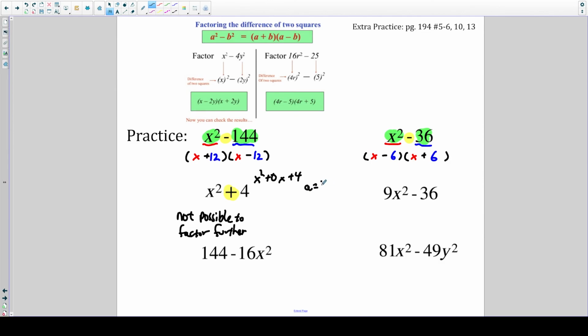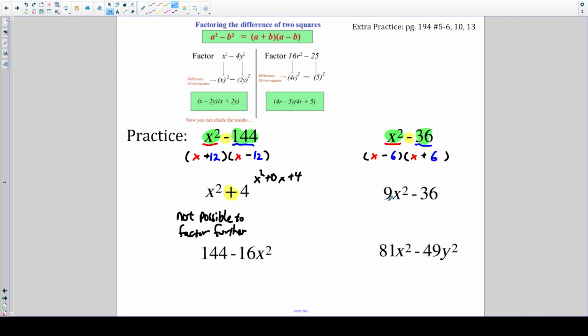This means that we have a is equal to 1, b is equal to 0, and c is equal to 4, which means that we want two numbers to multiply to give us 4, and the same two numbers to add up to give you 0. It's not possible to find two numbers to multiply to 4 and add up to give you 0, so that's why x squared plus 4 is actually not factorable any further.